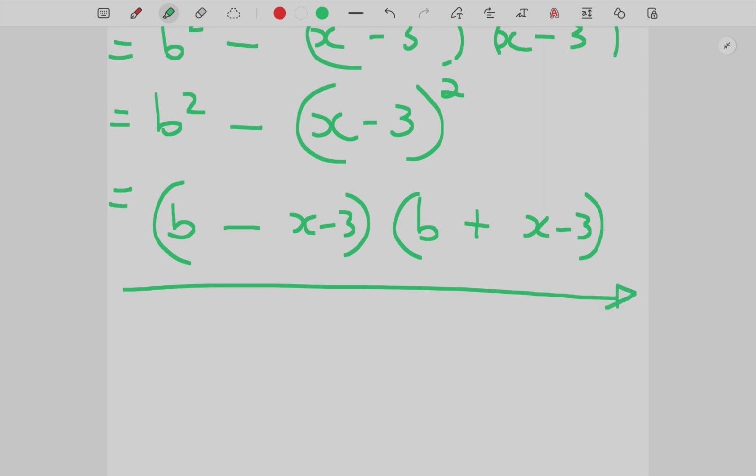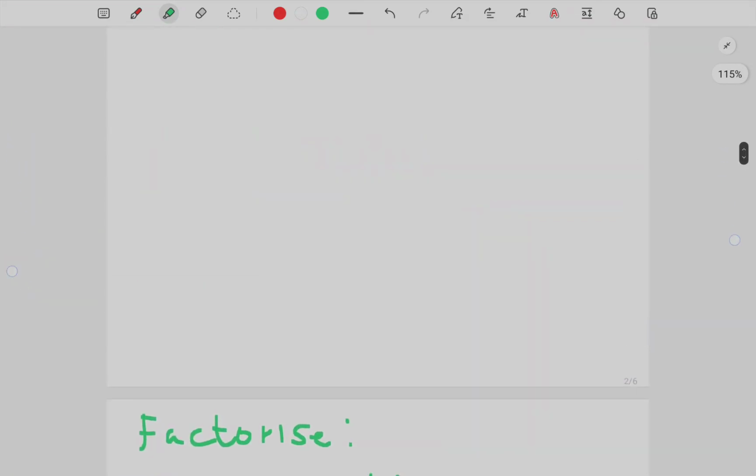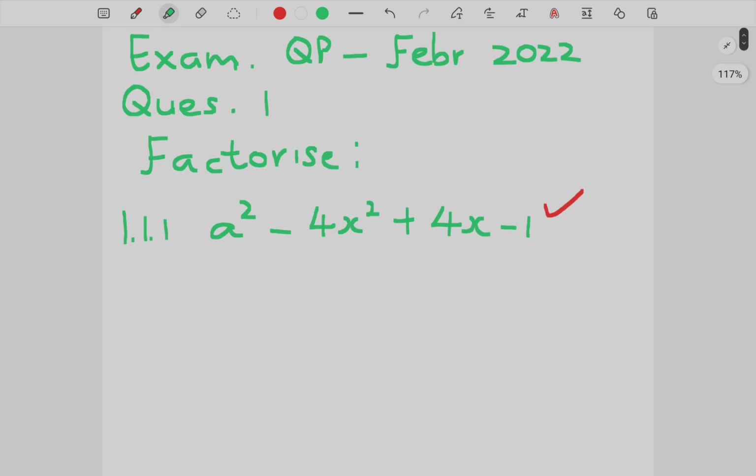Now it means we can answer this question from the question paper of February 2022. It says factorize a squared minus 4x squared plus 4x minus 1. So what we do, we're going to rewrite this one in this form because there's a trinomial here. We've got a squared first, then minus, then put this trinomial together.